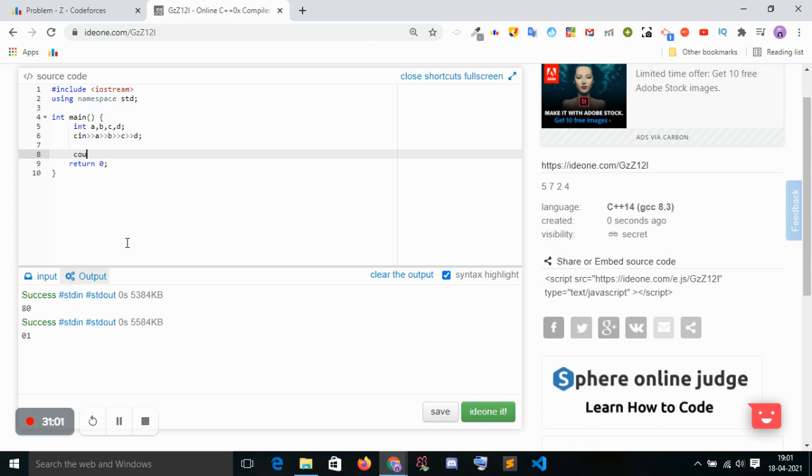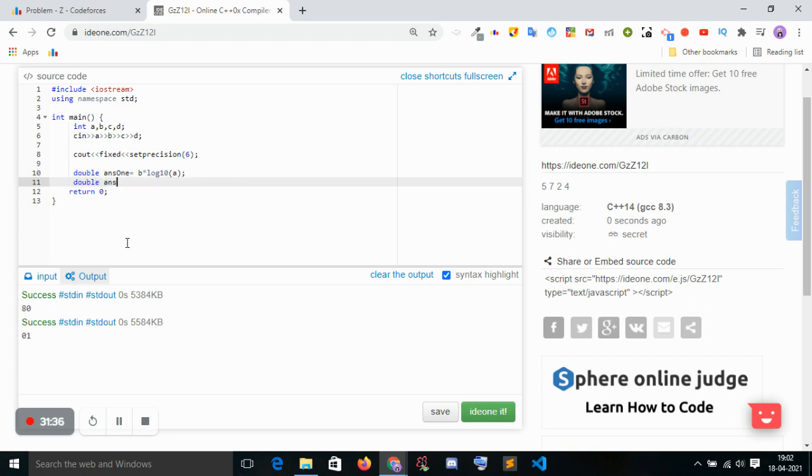First I will do cout with set precision for 6 digits, and I'll take float, or you can take double. Answer1 is equal to b into log10 a.